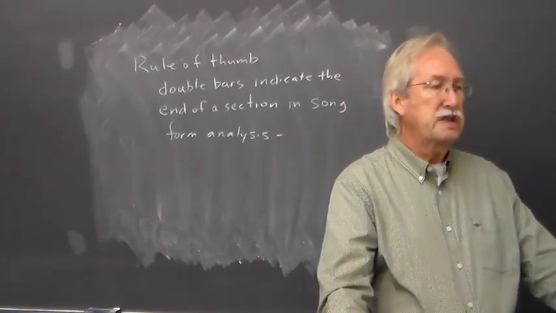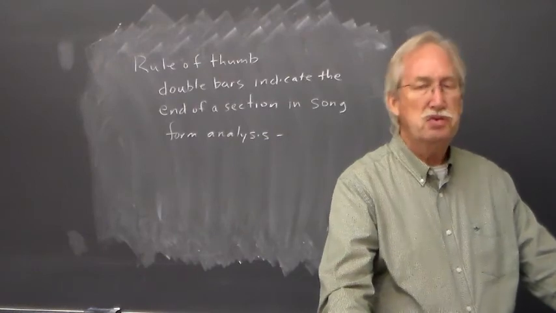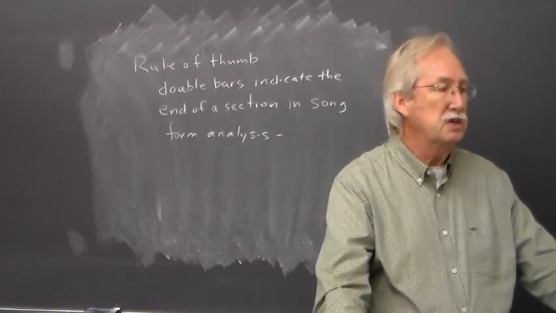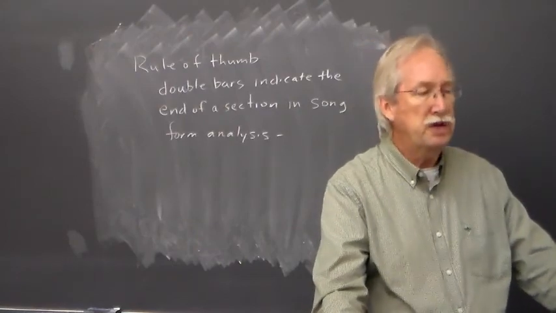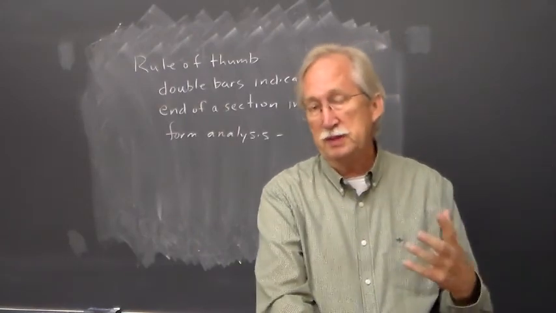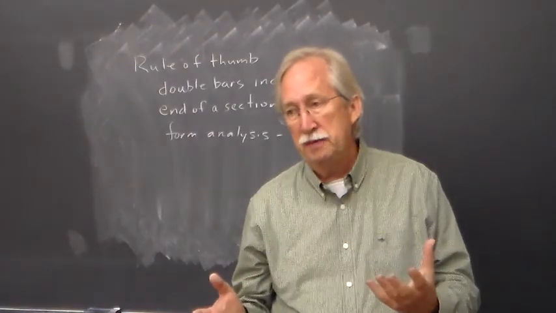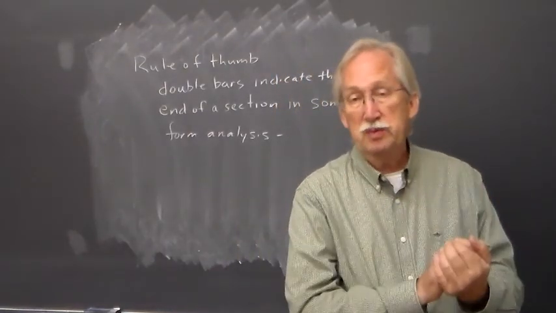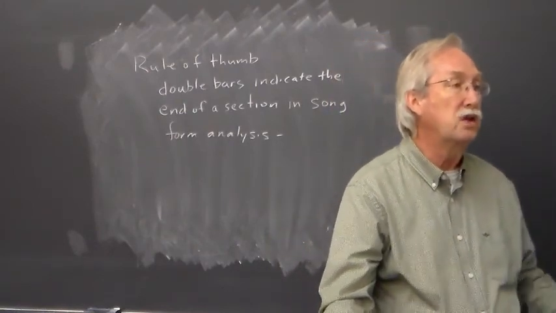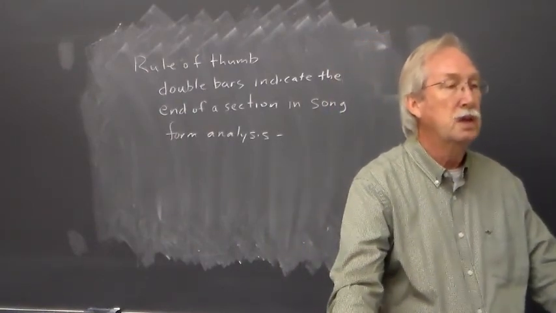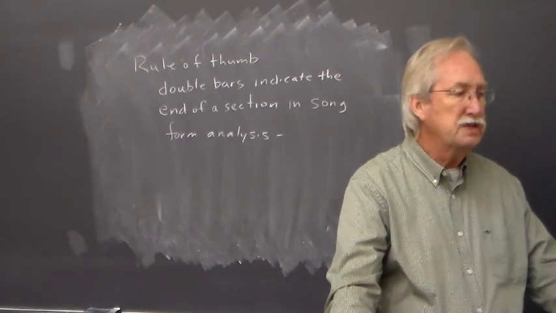And then this particular example has a codetta at the end, which is 2 four-measure phrases. And so that little codetta, even if it didn't have the repetition of parts 2 and 3, because it would have a codetta, that would also qualify for being called an enlarged three-part song form. So that is an example.